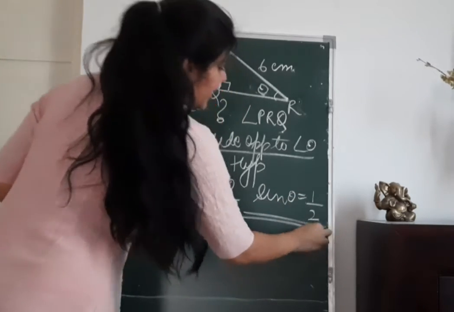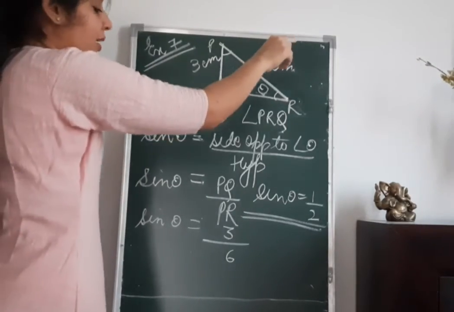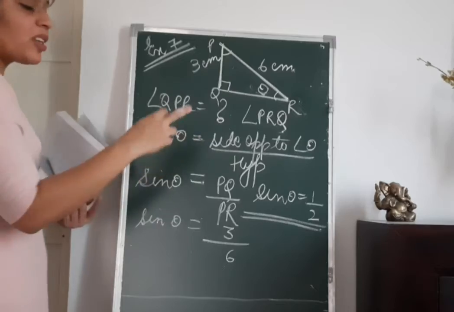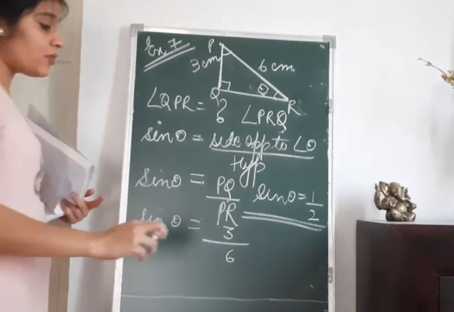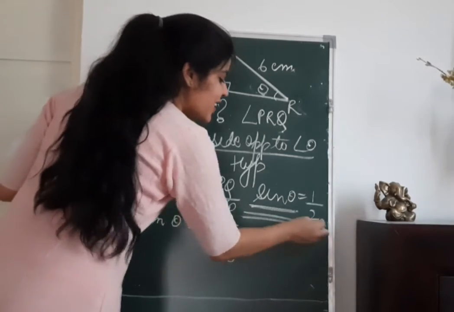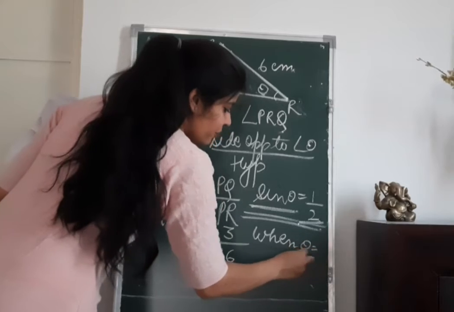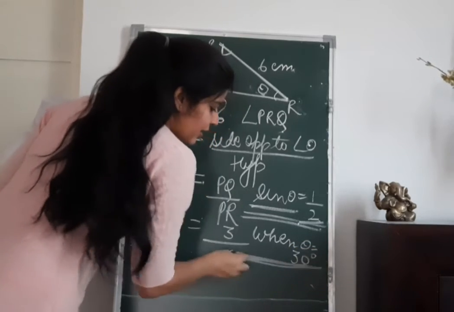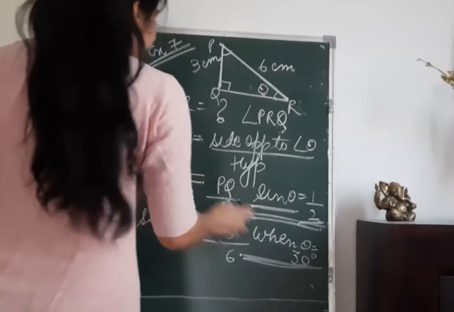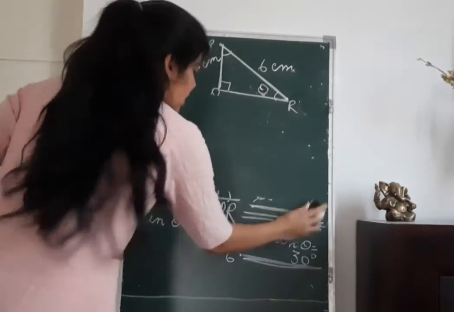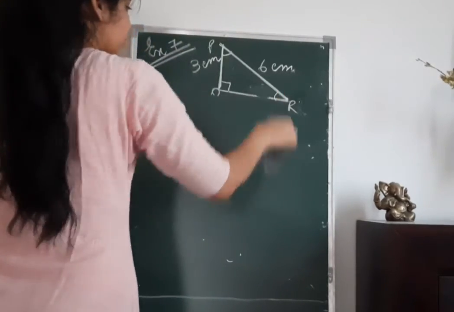Now when is sine theta equal to half? If you check from your values of trigonometric ratios, like the whole table which we have drawn in the previous video, sine theta is equal to half only when theta is equal to 30 degree, right?